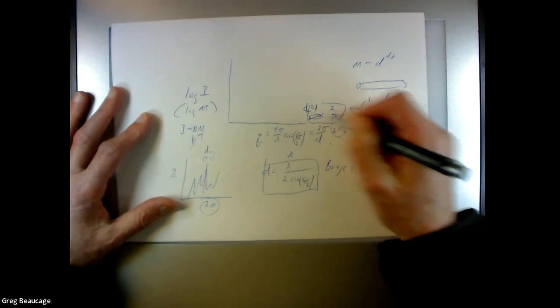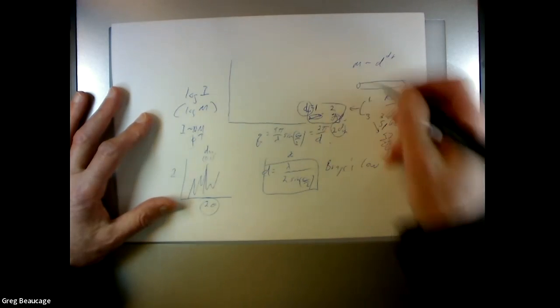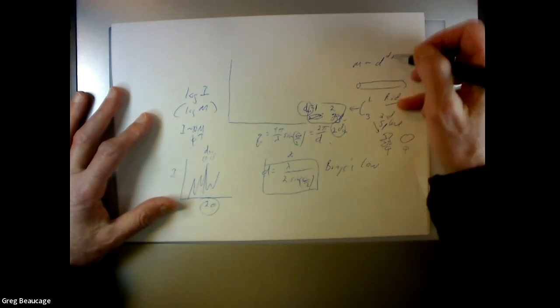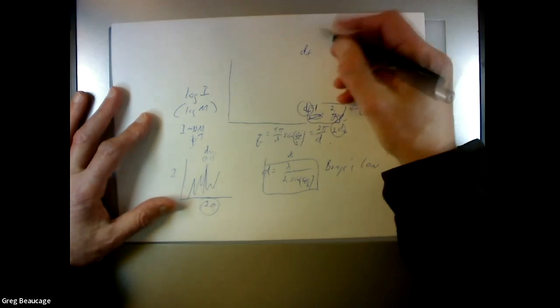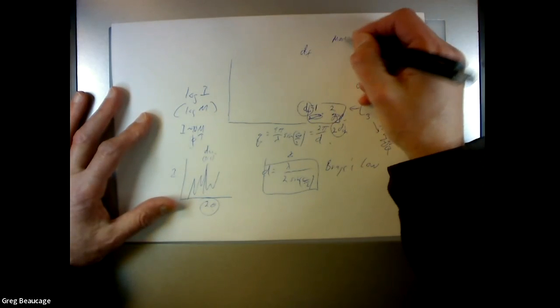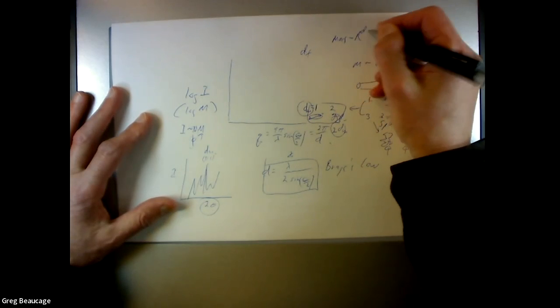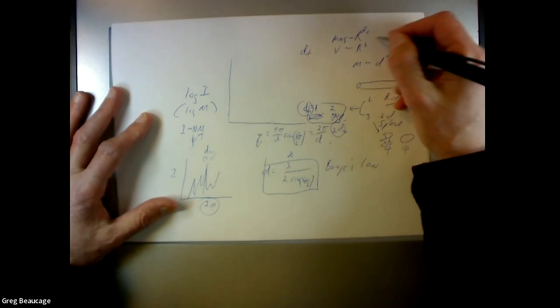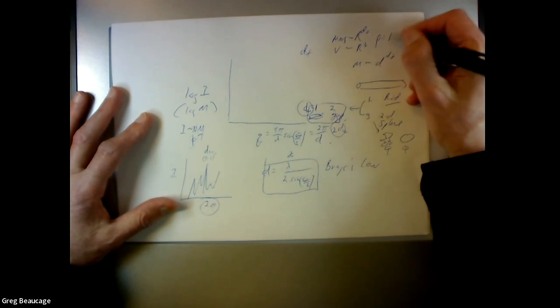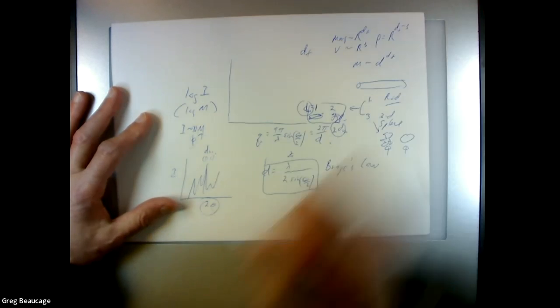So there's 3 dimensions. There's df, this dimension of the kind of the density. Right, so you have like mass goes with size to the df, and then the volume goes with size to the 3. So density is size to the df minus 3.